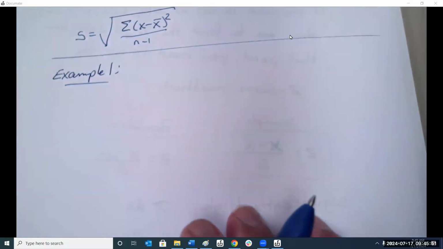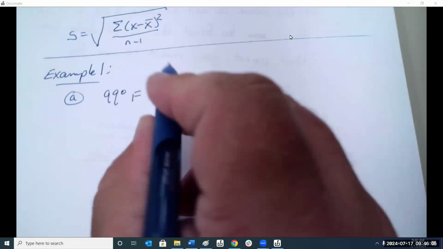All right, let's look at these. Example 1. Which of the following two data values is more extreme relative to the data set?